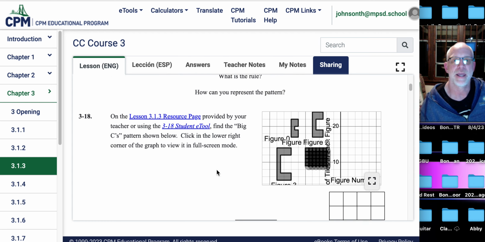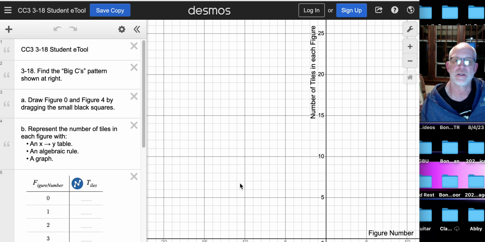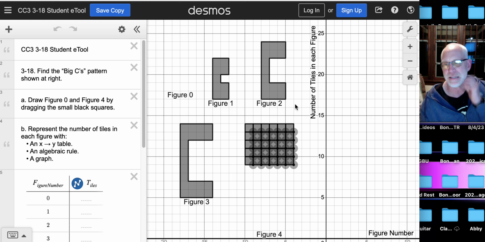Okay, so it says find the big C in this student tool. What I did is, and again, you don't have to do it the way I do it, I'm just going to show you how I did it. I looked at figure 1 and I saw 1, 2, 3, 4, 5. I looked at figure 2. I just looked at this strip and I saw 1, 2, 3, 4, 5, 6, 7.